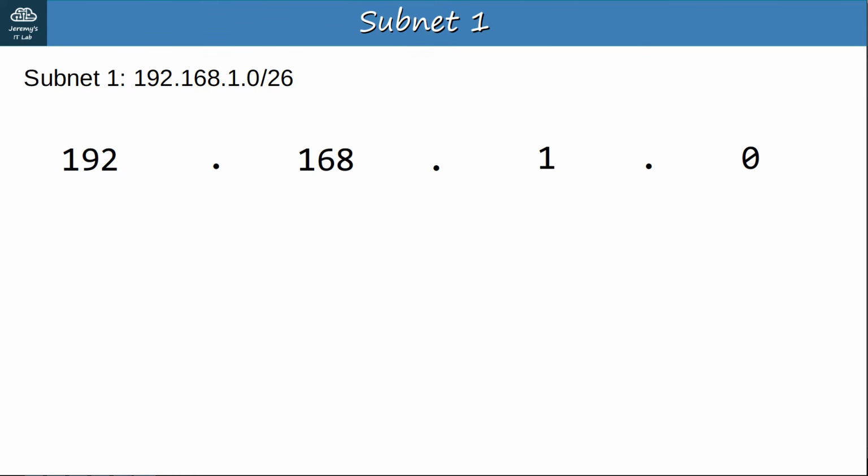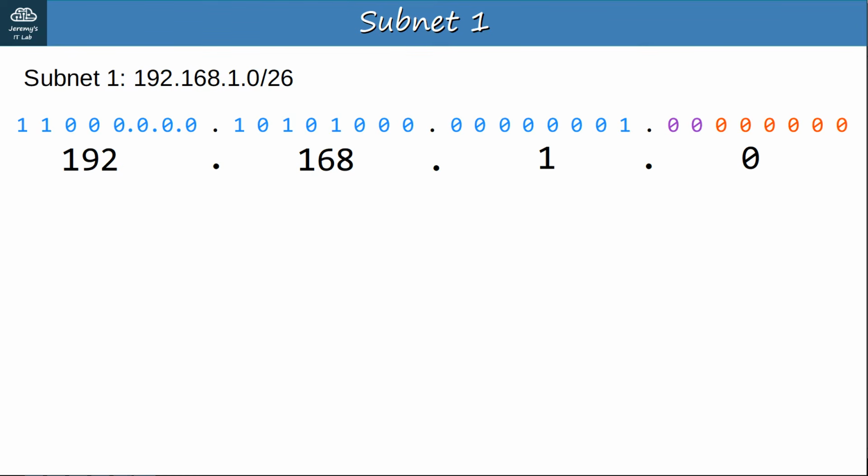So, the network address for subnet 1 is 192.168.1.0/26. Here's 192.168.1.0 written in binary. Blue is the network portion, red is the host portion, and purple is the part we borrowed from the host portion to add to the network portion.